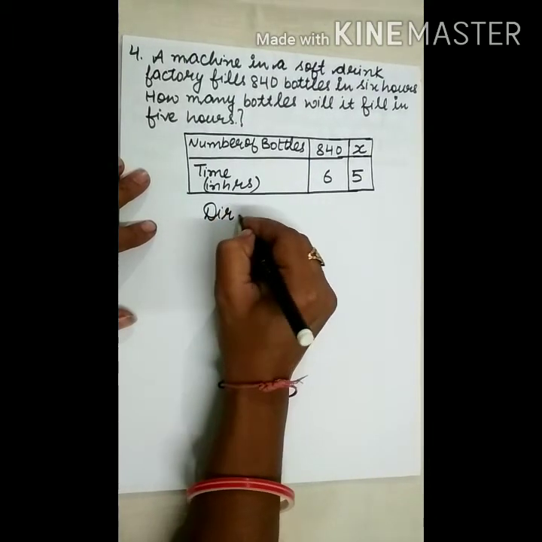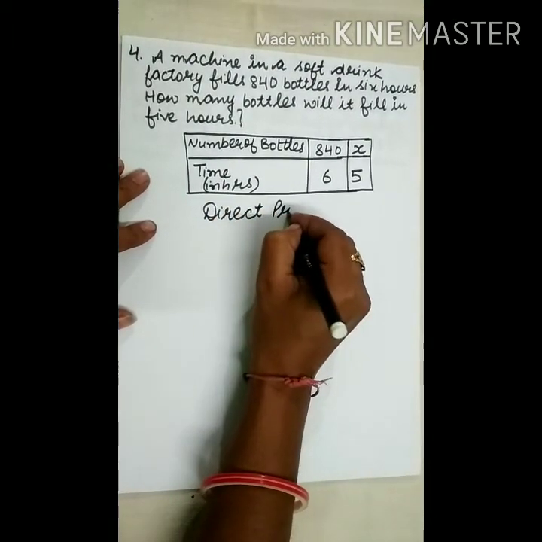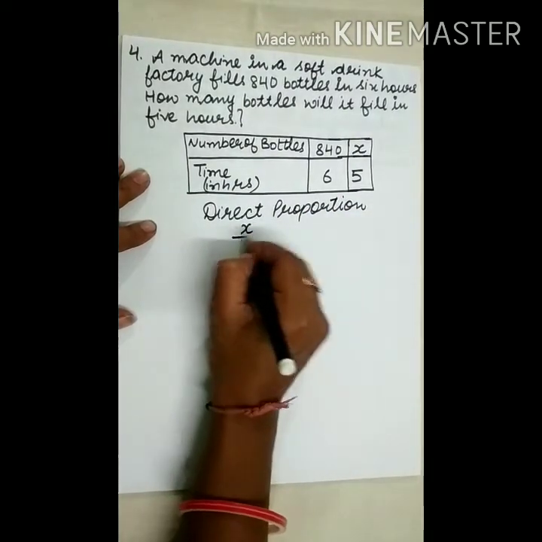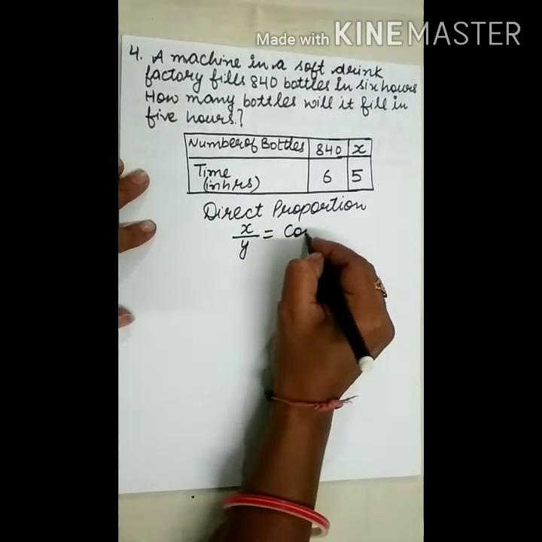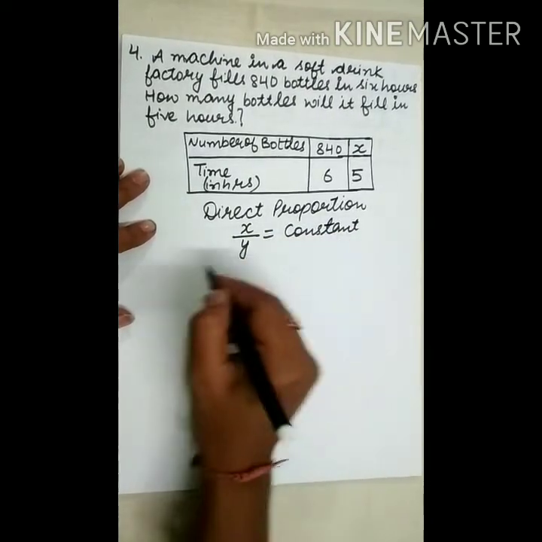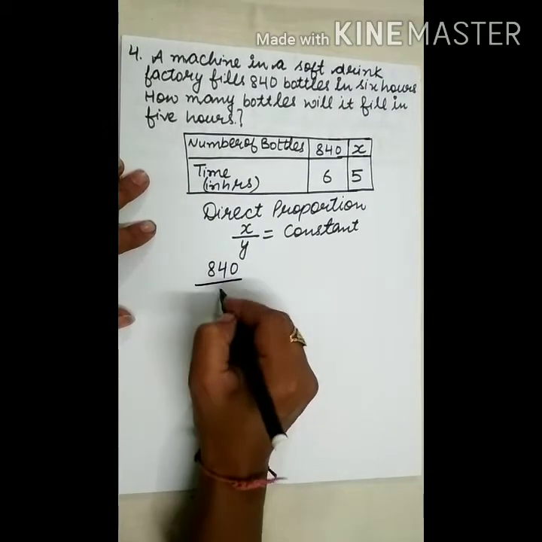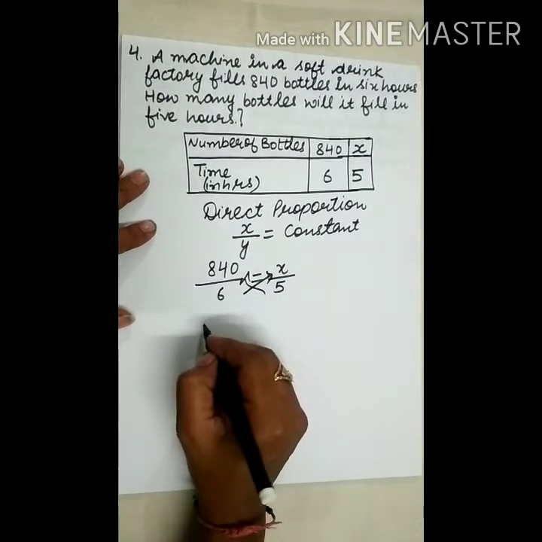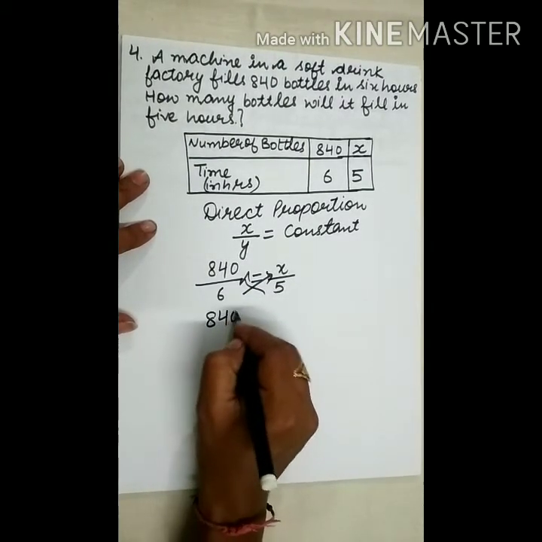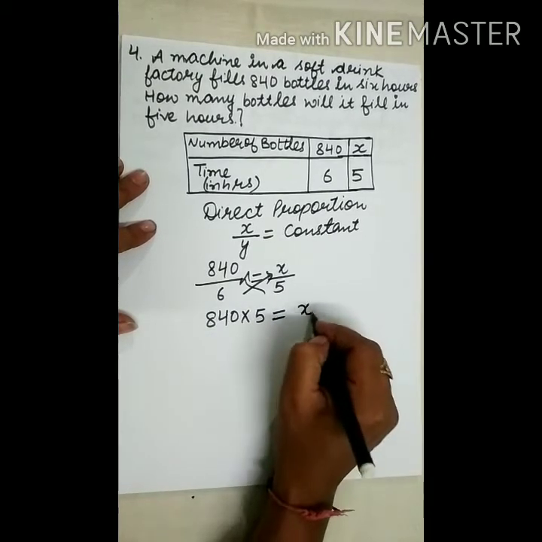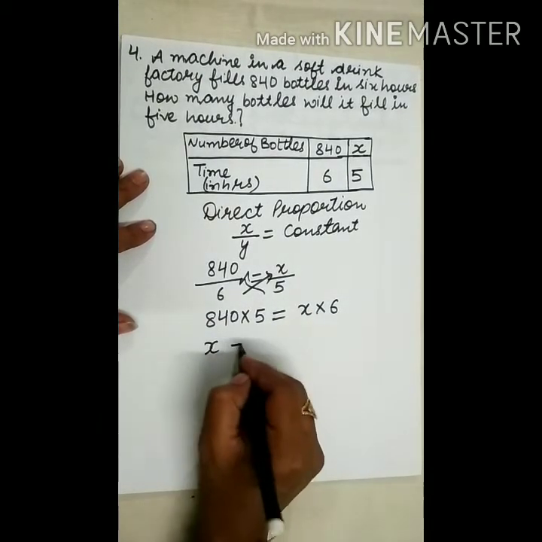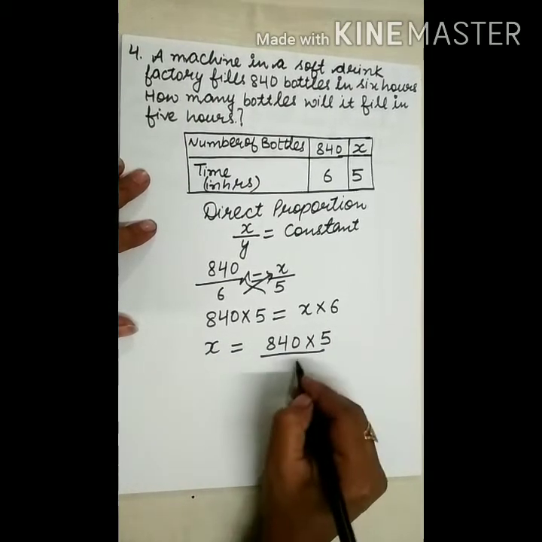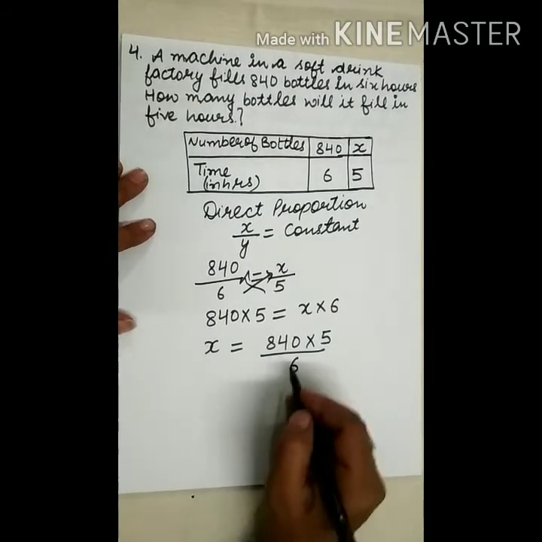So here it is direct proportion. That is, x upon y is equal to constant. So 840 upon 6 is equal to x upon 5. Now it is equal to 840 multiplied by 5 is equal to x multiplied by 6, or we can say that x is equal to 840 multiplied by 5 divided by 6.